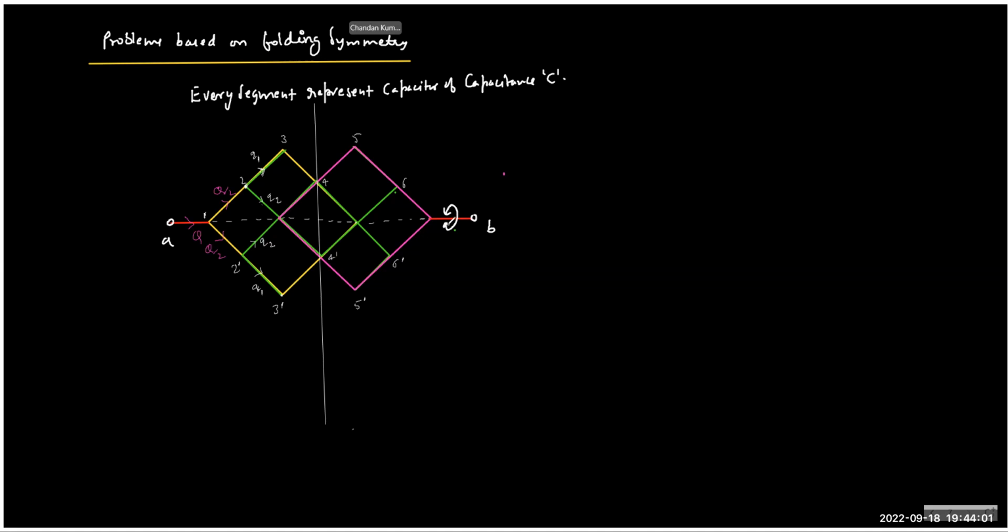Right now you can't see any series or parallel, only a few, like this part is series, but it is still complex. But the moment you fold it, you're left with only one half of the circuit. Something like this, isn't it?